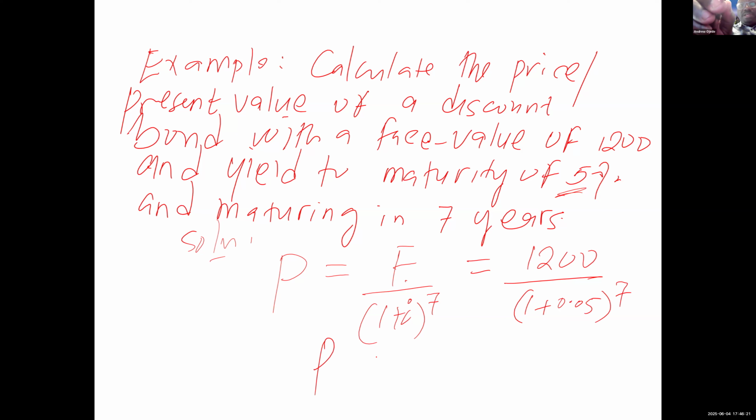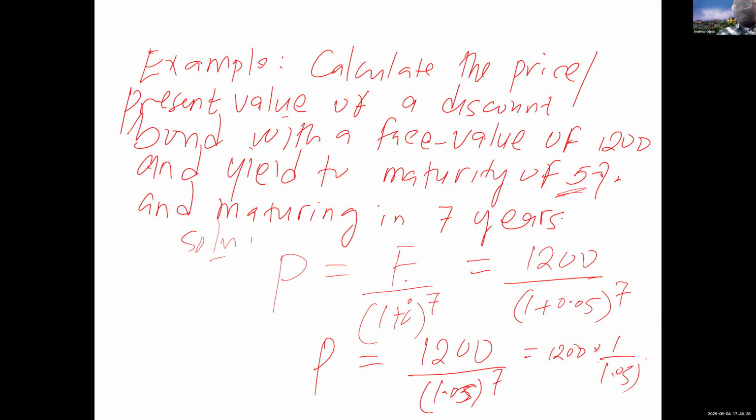So the present value is 1,200 divided by 1.05 raised to the power 7, which is the same thing as 1,200 times 1 over 1.05 raised to the power 7. Use a scientific calculator.